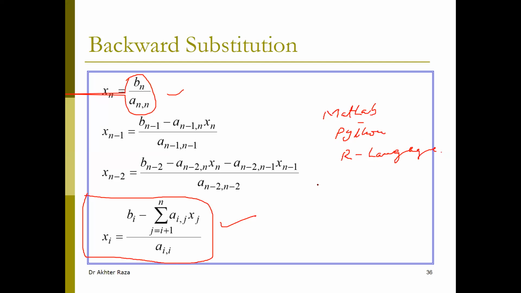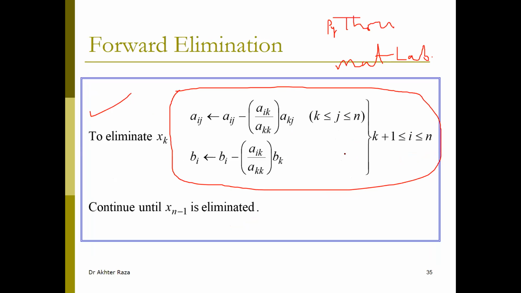So in the algorithm, input A is the coefficient matrix, and input B is the vector of constants. These two, one matrix and one vector, are to be input. After inputting, you have to calculate forward elimination by this step.